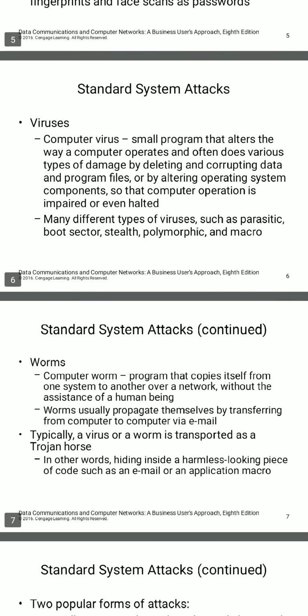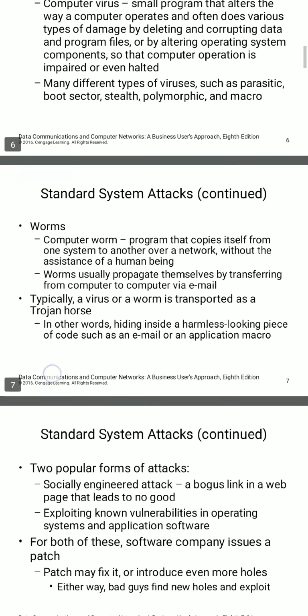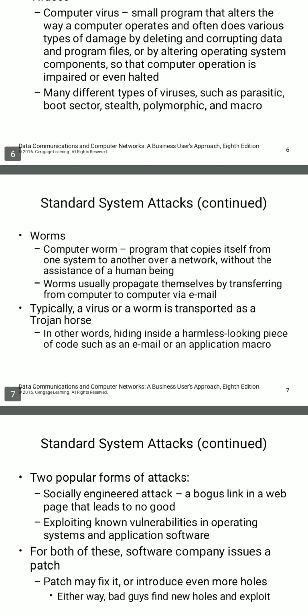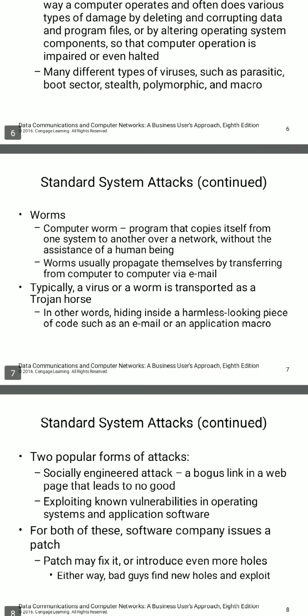Another type of attack is implemented in the form of worms, and a computer worm is also a program that copies itself from one system to another over the network, and that also happens without the assistance of a human being, the user.